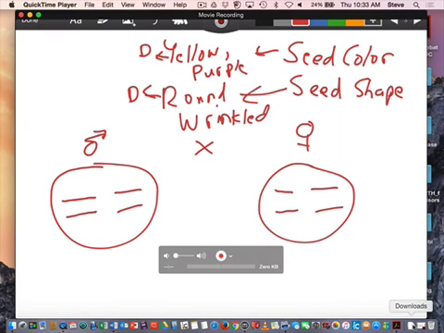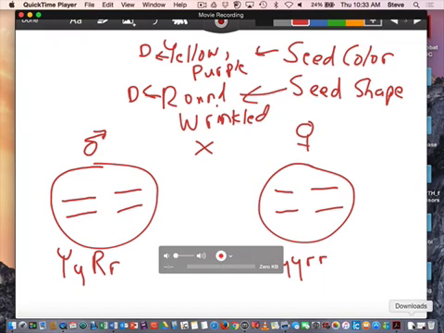Okay? So let's say the male is heterozygous, and the female is going to be completely homozygous recessive. She has lowercase of each.